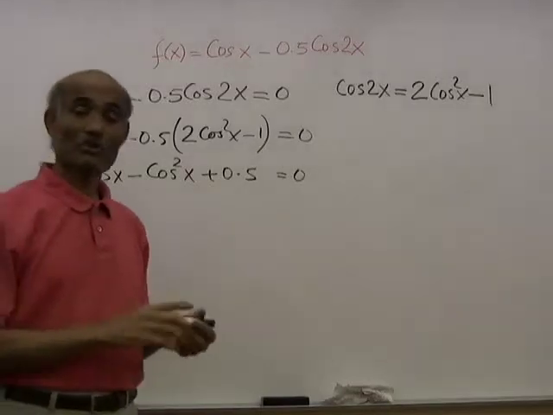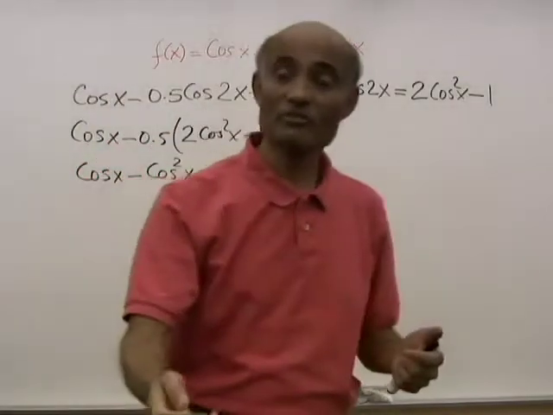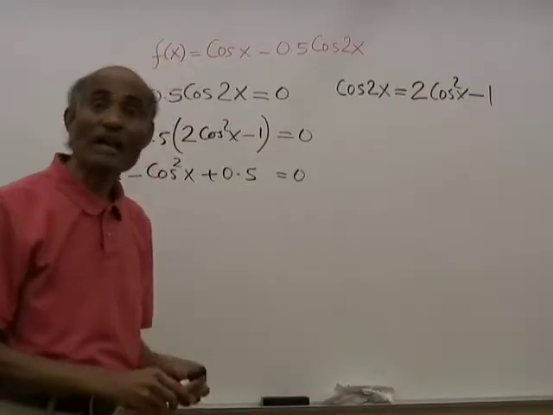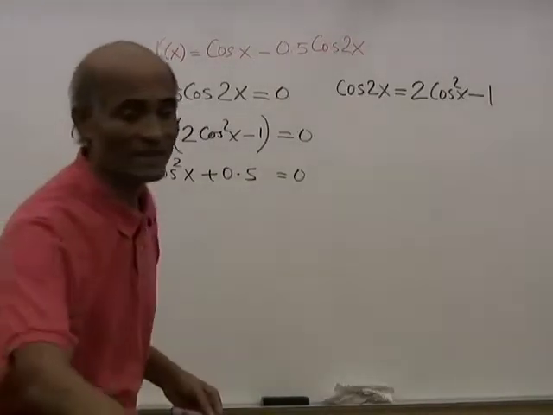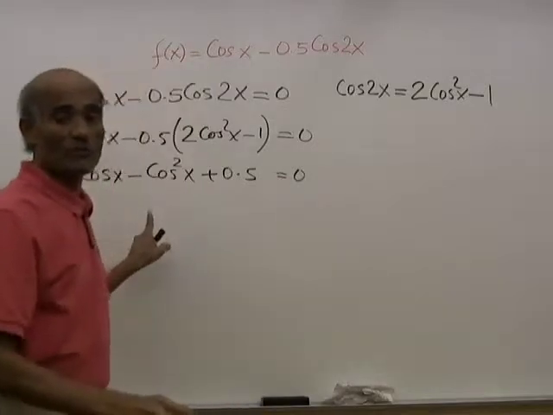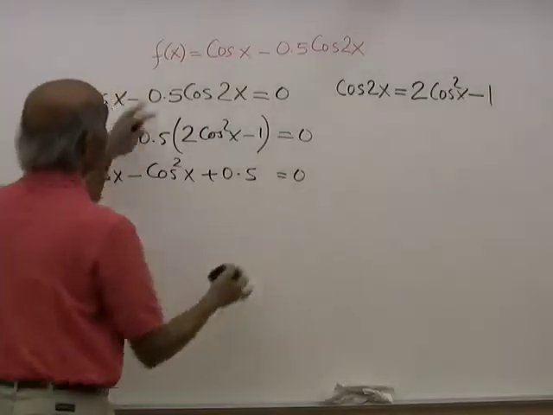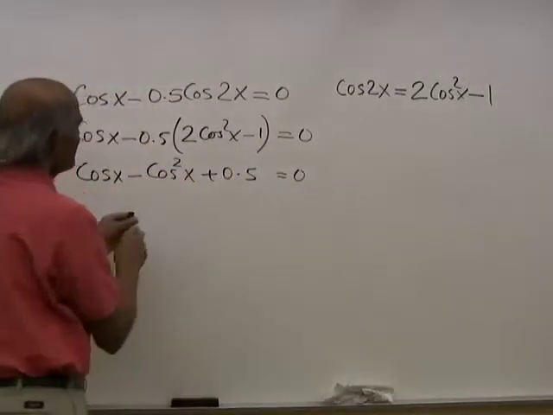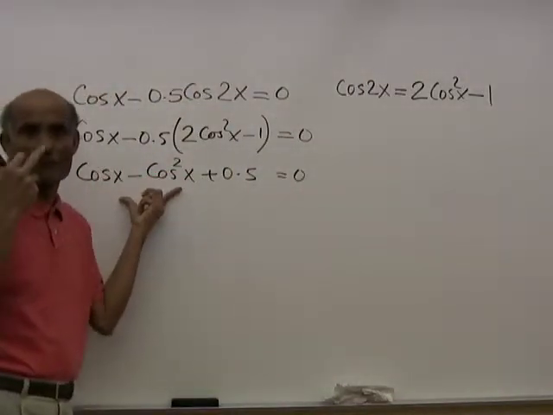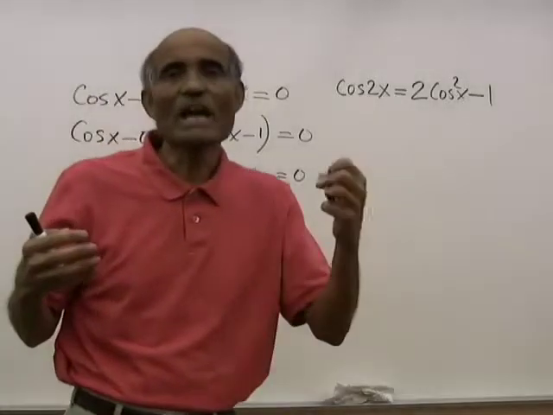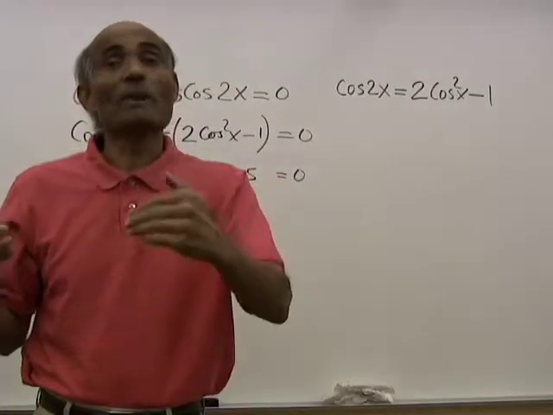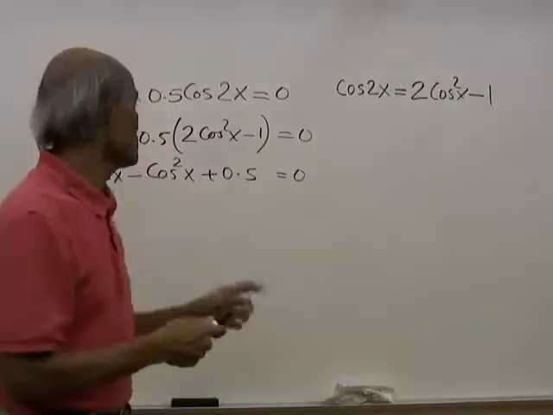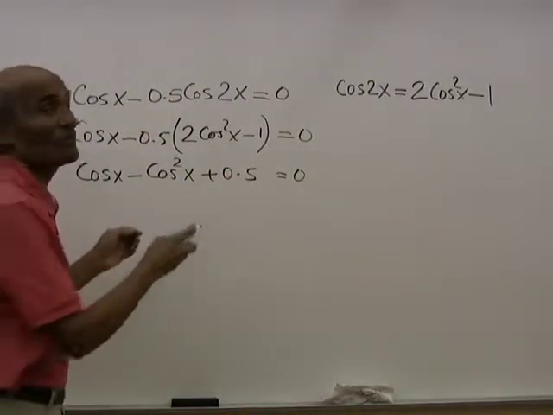Now, what this gives you is actually a quadratic in cos x. Now, you need to rewrite this as a proper quadratic. So what I'm going to do is, I'm going to write it on top so that I can use the entire board. Well, how do you write it in the proper quadratic form? A proper quadratic is ax squared plus bx plus c equal to 0. So the square term must come first.